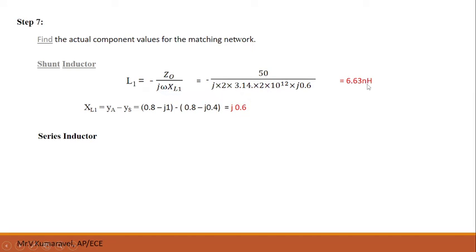Similarly we can find the series inductor. For the series inductor, let us consider L2 equals j XL2 Z0 divided by omega. In a similar manner we need to find XL2. The second component, the series inductor, is between point A and the load impedance, in series combination. Therefore XL2 equals ZL conjugate minus ZA.